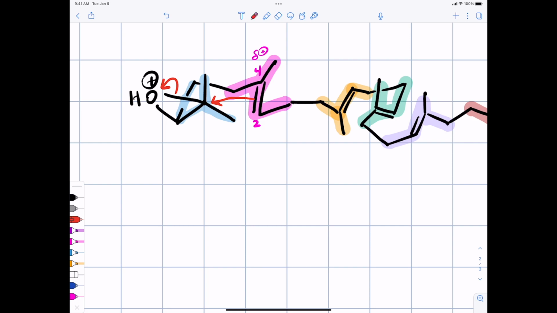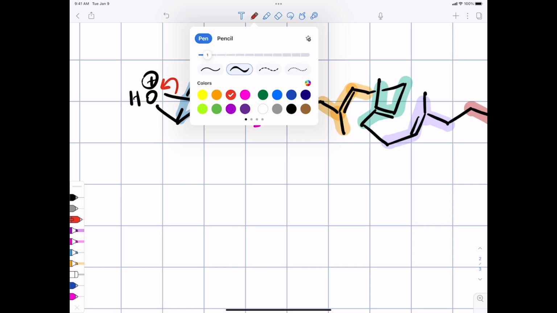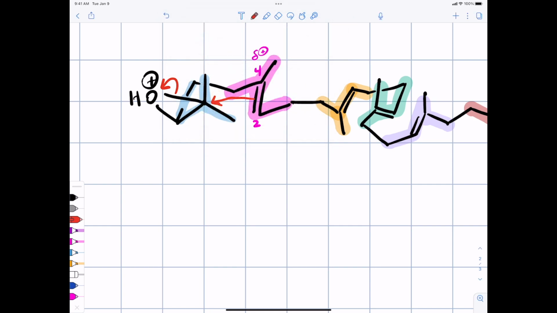So then we're going to have the pi bond between orange 2 and orange 4 attack pink carbon 4.